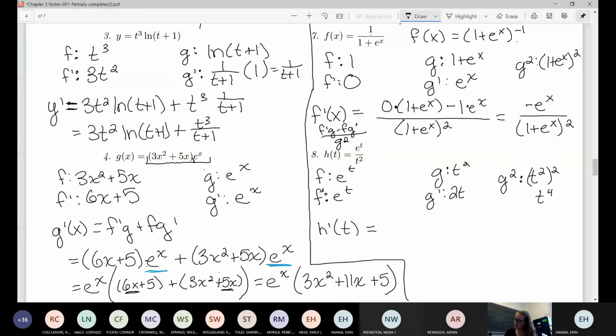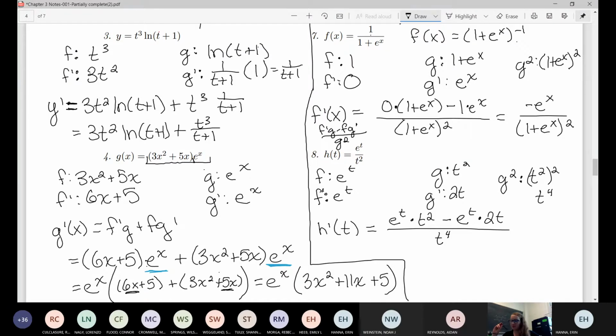So if we put this together using our quotient rule, we have f prime times g minus f times g prime all over g squared. Again, I'll take the time to simplify this really quickly.